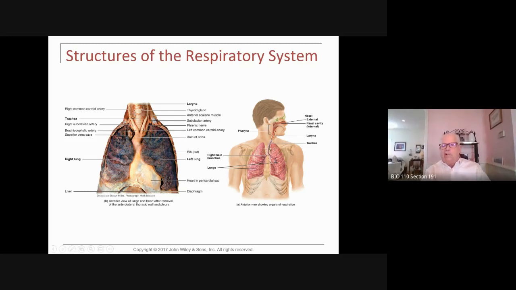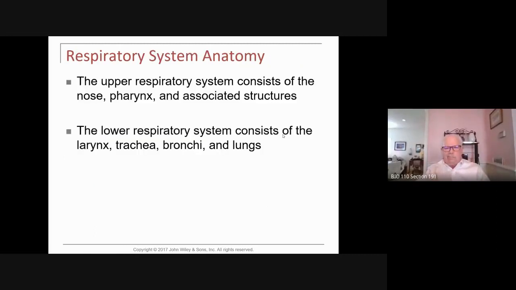And of course, we can't forget the upper airway. Here's the upper airway, and we'll talk a lot about the upper airway. There's not much I want you to know about the upper airway. But the upper airway consists of the nose, the pharynx, and the structures that are in those areas.